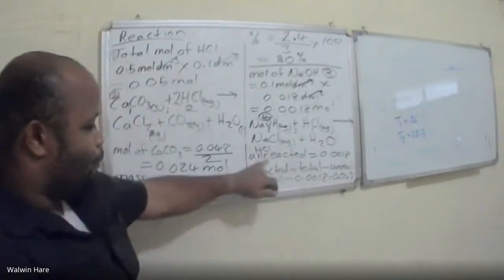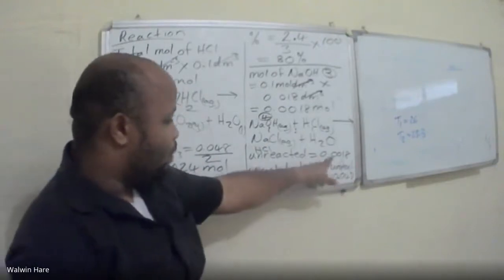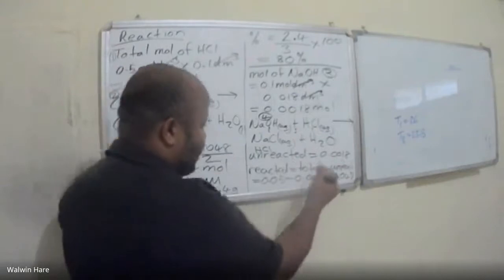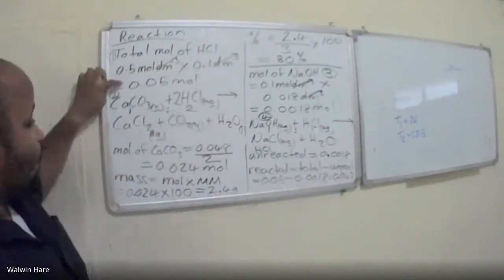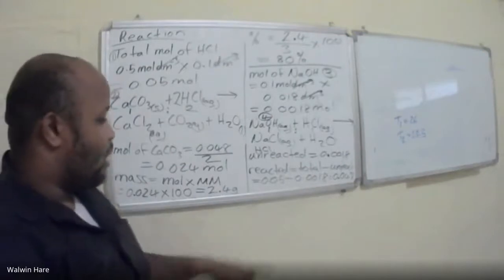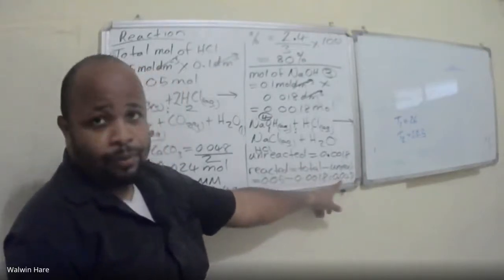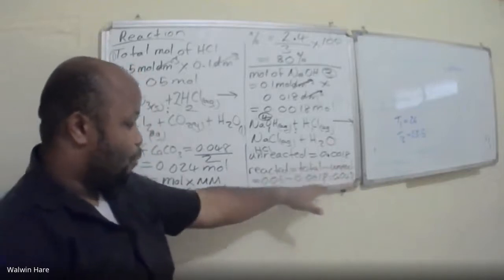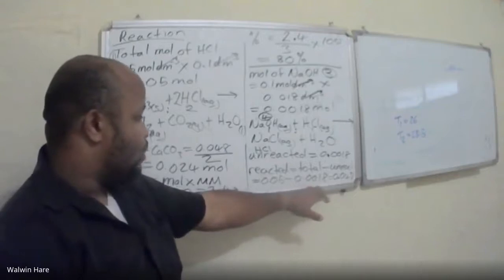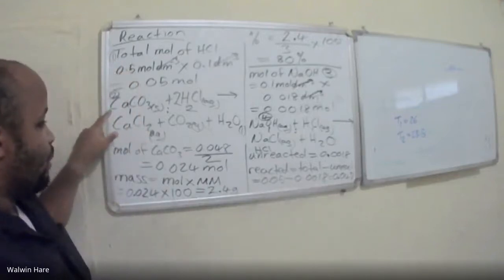The unreacted HCl. Once you get the number of moles of unreacted HCl, you are going to subtract it from the total amount, and that will give us the amount that actually reacted. Once we know how many moles of it reacted, at that point we come back to the balanced equation.